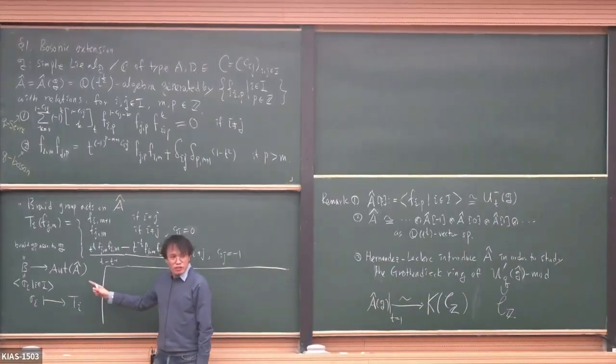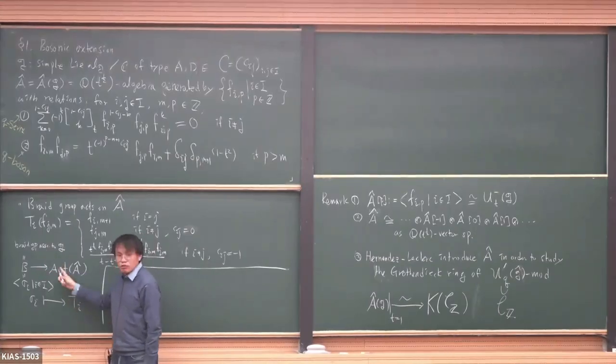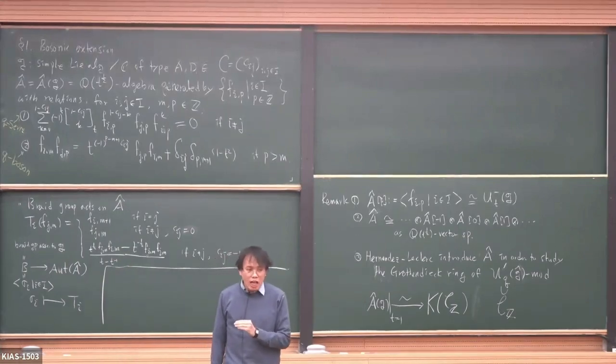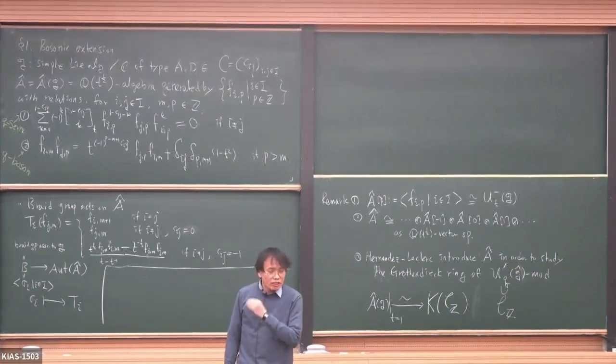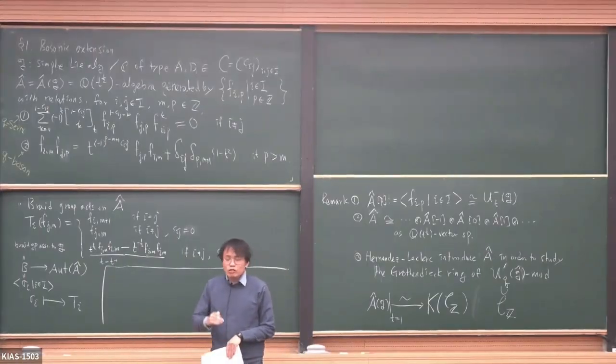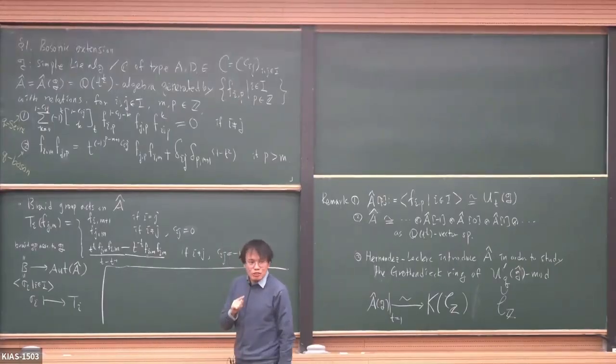It's a very good question. Yeah, it's faithful. Yes, you're right. When G is finite dimensional over ADE types, then we can show that it is faithful. But beyond the finite types, we don't know that. Let me just give you a remark.